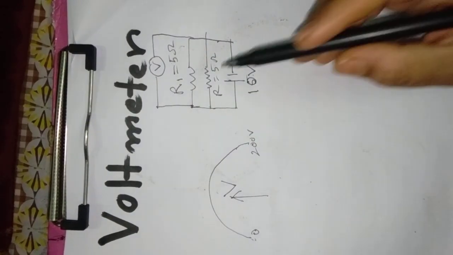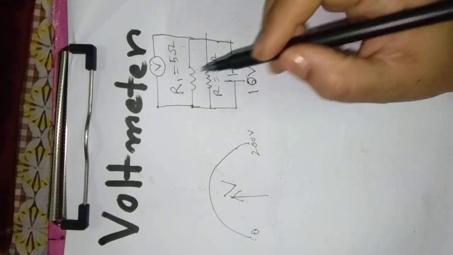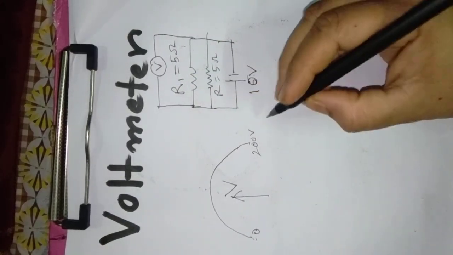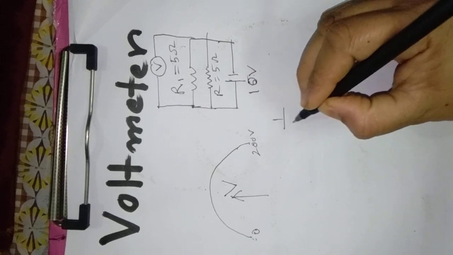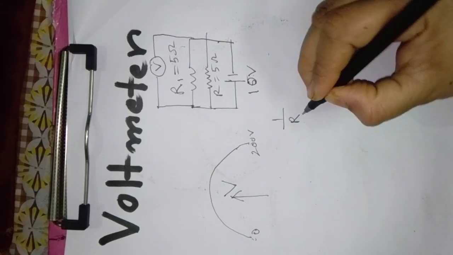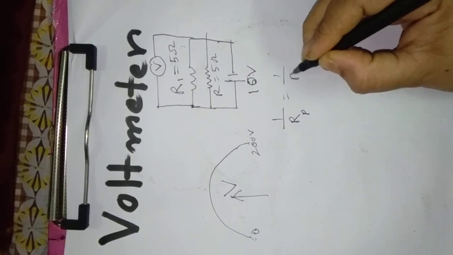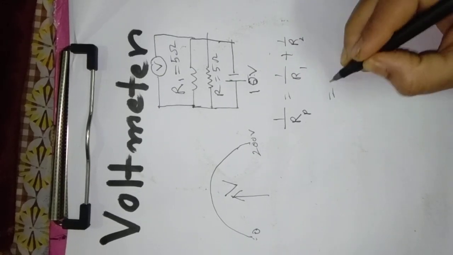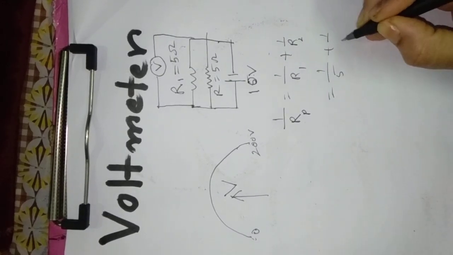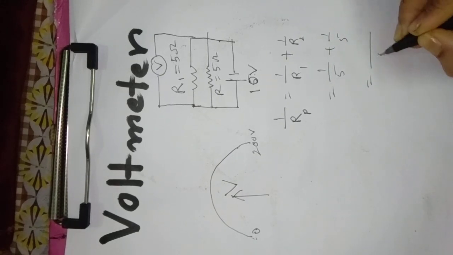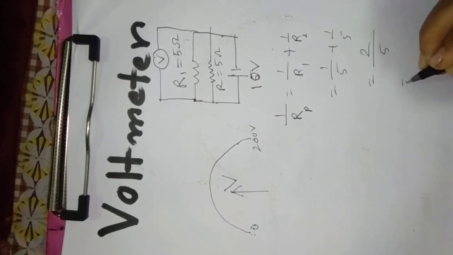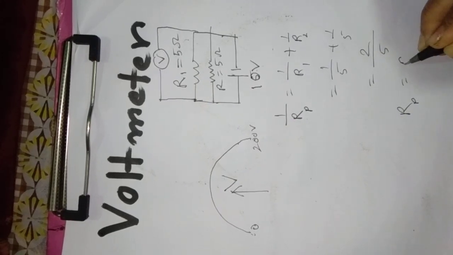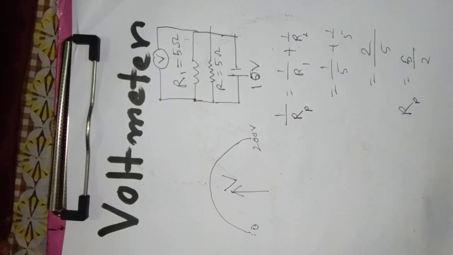Can you tell me? In the voltmeter, it is the parallel circuit. So here the equivalent resistance will be 1 by Rp equal to 1 by R1 plus 1 by R2, that is equal to 1 by 5 plus 1 by 5. So Rp equal to 5 by 2.